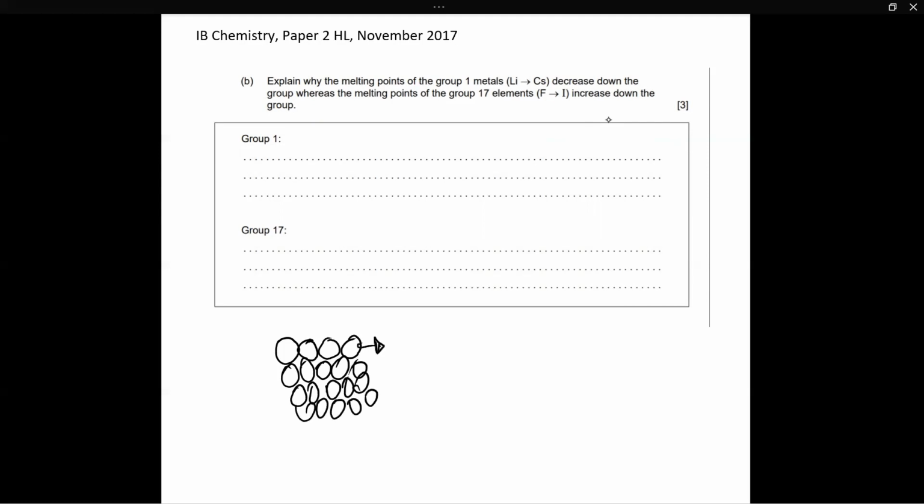So each of these atoms is a gold atom, Au. That's the symbol of gold in the periodic table.